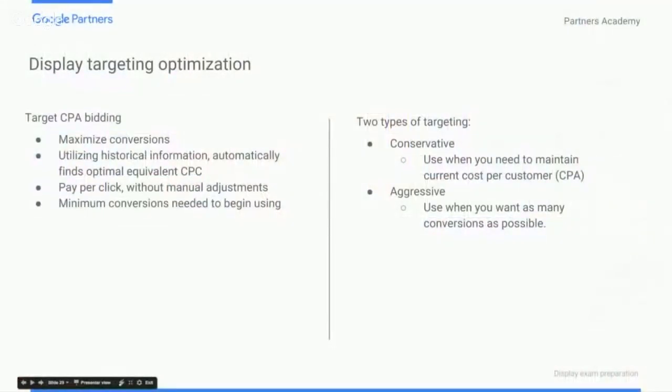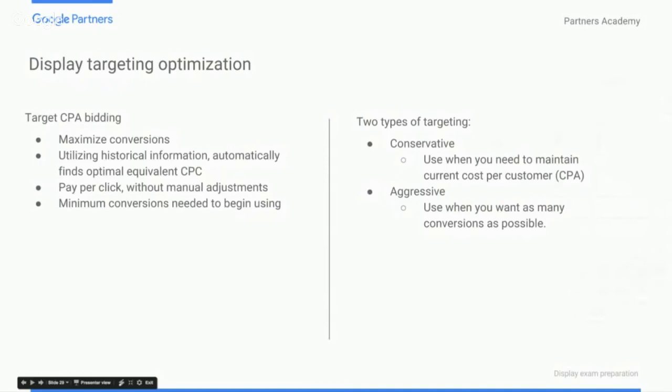So in the theme of display targeting optimization, I just want to go into a couple more targeting and bid options here. Target CPA bidding is great if we really want to drive conversions. CPA bidding relies on historical conversion data, so you absolutely need conversions in the account for this to work.